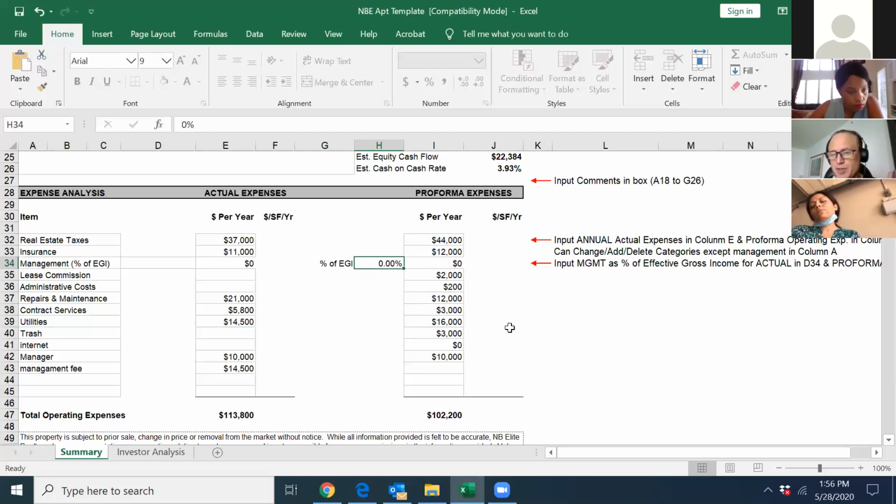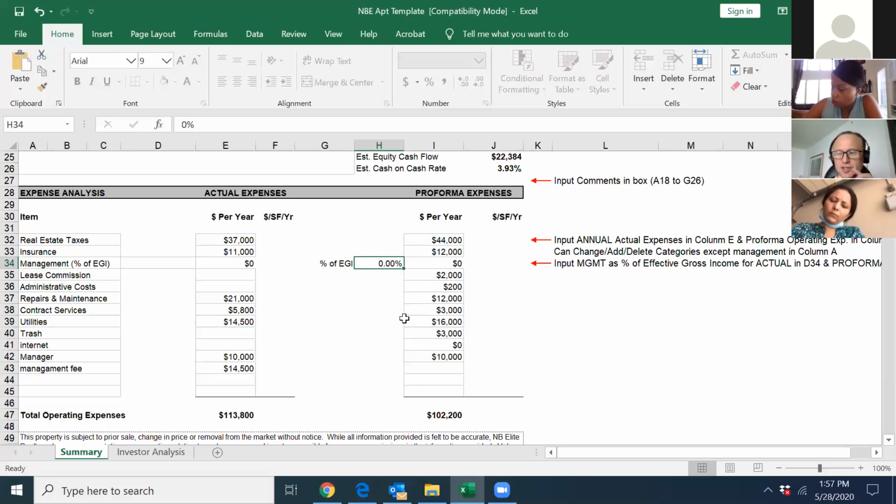For bigger properties, 50 units and up, they charge you 3, 4 or 5% management fee, and they charge you a salary for the manager, which you pay as the owner. For smaller properties, sometimes they go 5 or 6% management fee from the gross, and they charge you a leasing commission. So those are the two ways a management company charges.